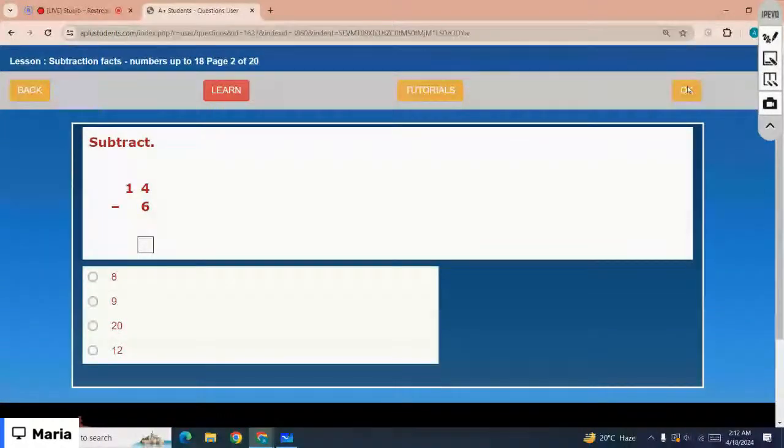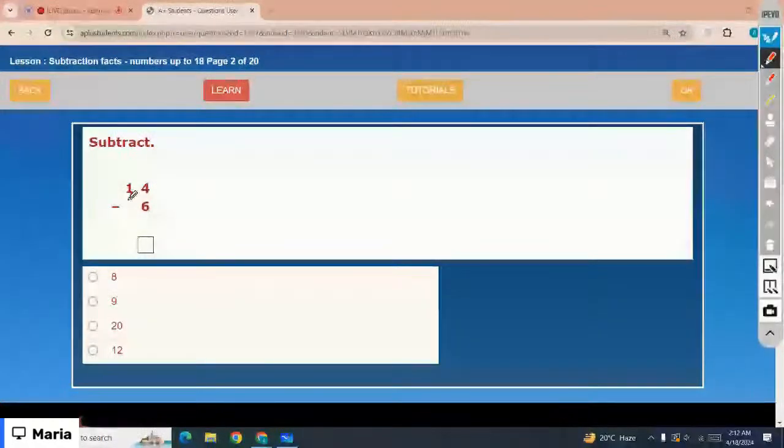You need to borrow 1 from the next digit, right? So here you already have 1. When you borrow 1, the 1 makes this 4 as 14 and here you are left with 0. Got it? And 14 take away 6 is 6, 7, 8, 9, 10, 11, 12, 13, 14.